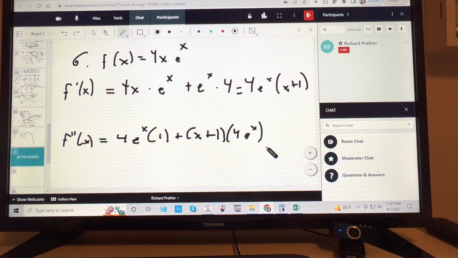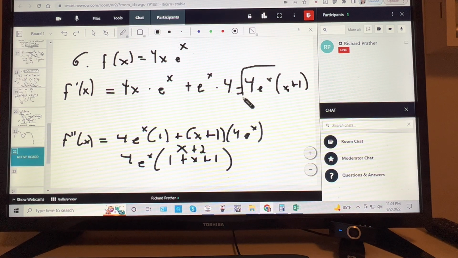Okay, so this has a GCF of 4e to the x. One plus x plus 1, so that could be x plus 2. So I've got this for the first derivative and this for the second derivative.